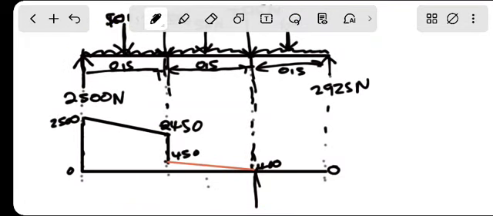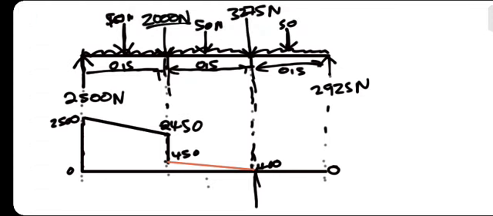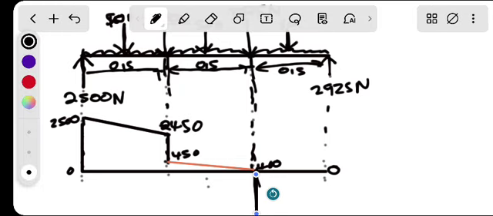Alright, this is what we have. So going down like this, vertically down, here we have our 2000. Well, vertically down like that, we'll have that 2000.